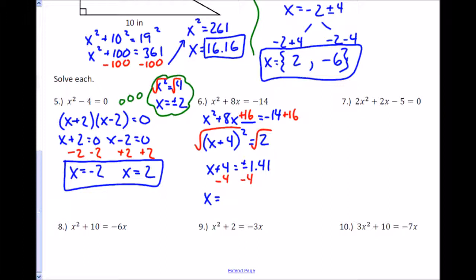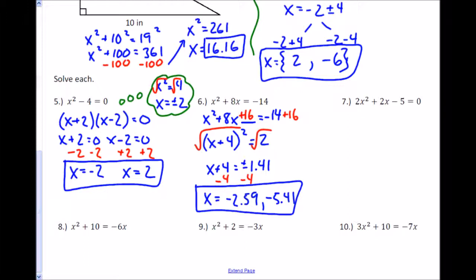I have to do the negative 4 plus the 1.41, which gives me a negative 2.59. I also have to do negative 4 minus that, which is a negative 5.41. So those are my two answers. Okay? And that one could have been done using the quadratic formula.